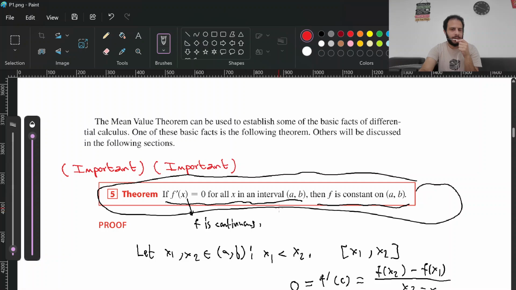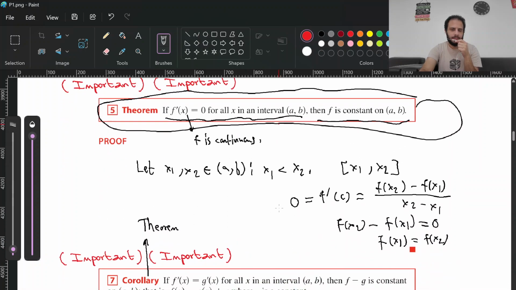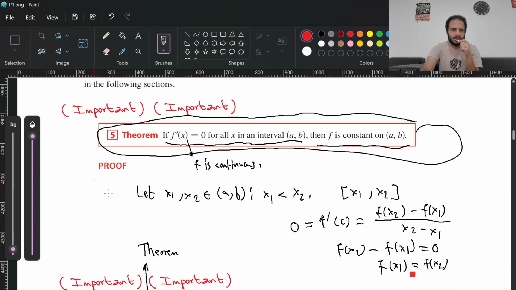Last time we explained this theorem, right? But let's explain it again because we need it. I mean, today I will solve examples. Last time we didn't have time to solve examples. So we need to explain it again and solve examples. So remember that this theorem is very much important. If f prime of x equals 0 for all x in an open interval, then f is constant on the open interval, okay?